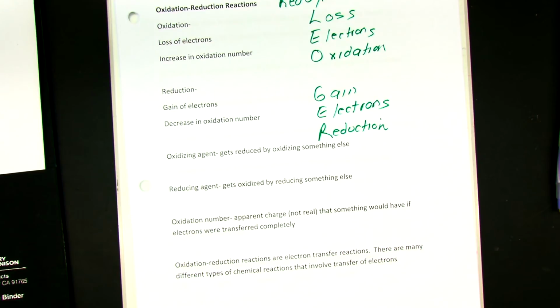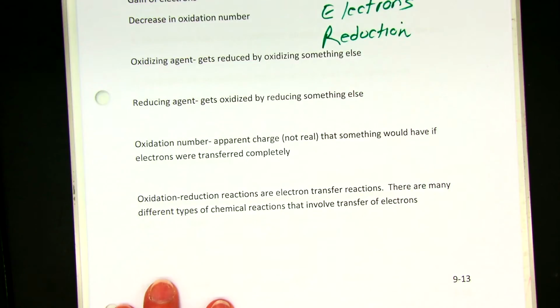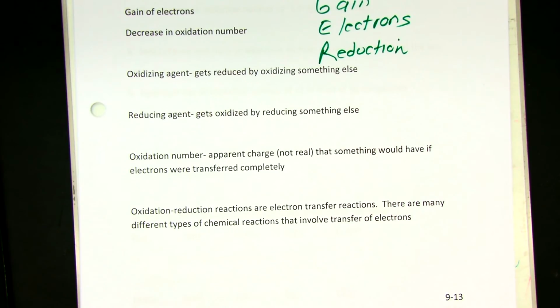Now, when we talk about oxidation and reduction, we also define the oxidizing agent and the reducing agent. The oxidizing agent allows something else to become oxidized. So in order for something else to be oxidized, the oxidizing agent gets reduced.